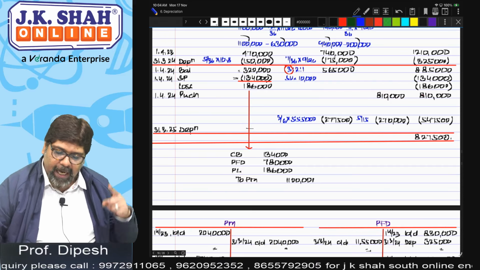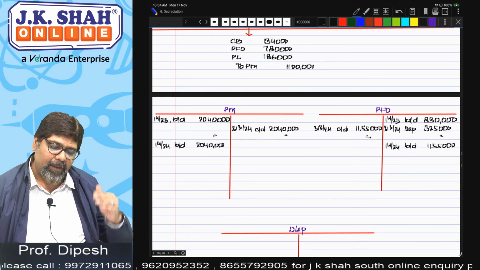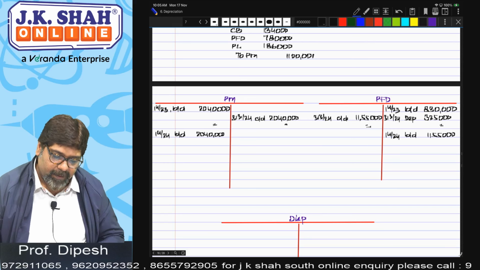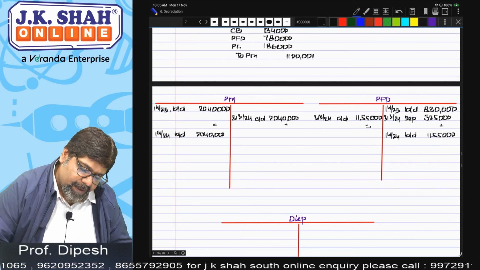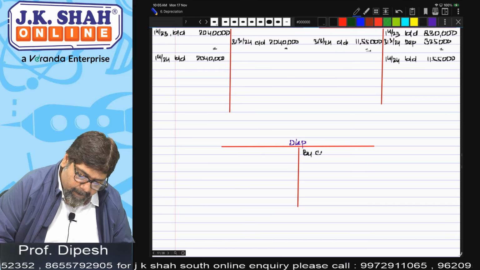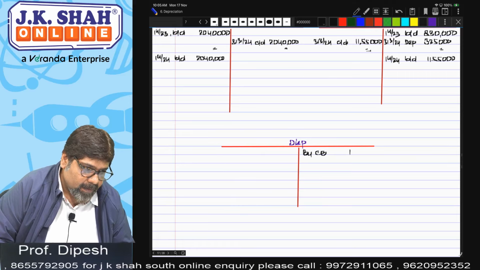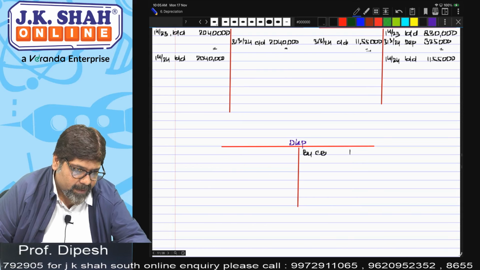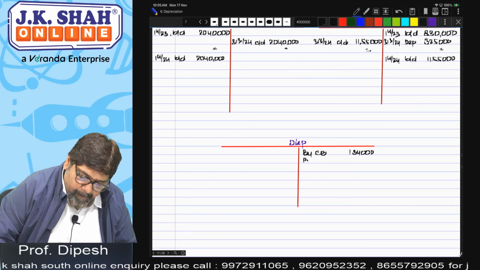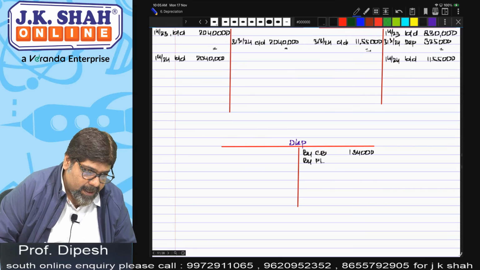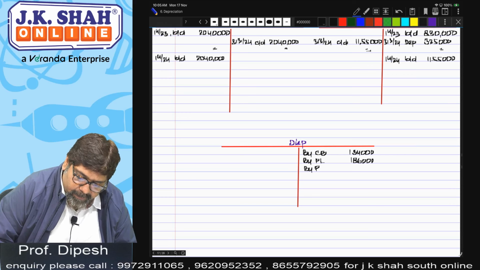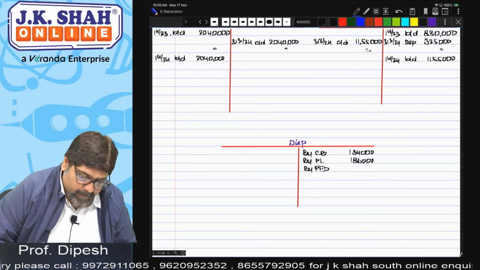Now, cash bank, PFD, PL to PM. If I sell, I have to route it through disposal. So this will become cash bank, PFD, PL to disposal. So in disposal, by cash bank 134, by PL 186, by provision 7 lakh 80.